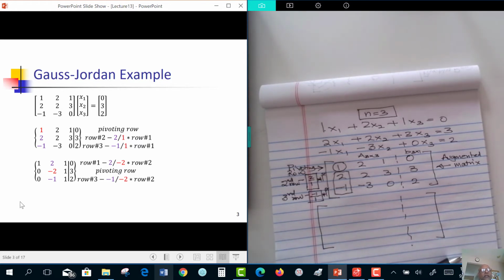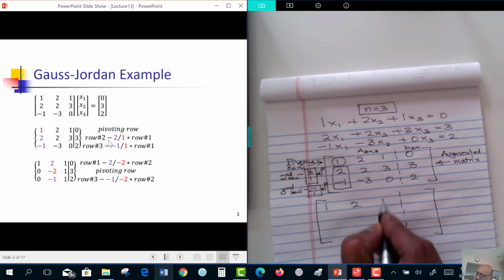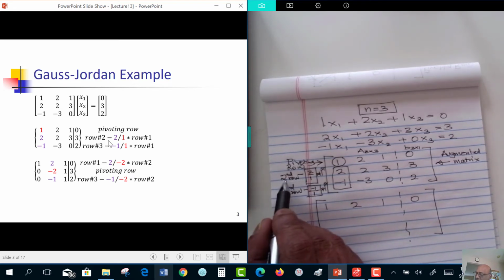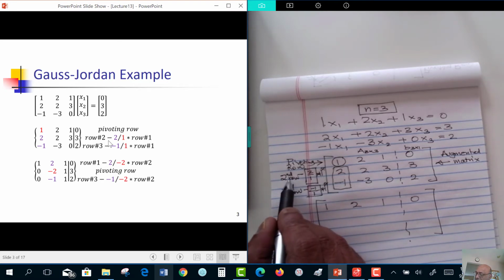So you'll see this written with colorful notation here. Our first row remains unchanged, 1, 2, 1, 0. This says that we are going to subtract 2 times the first row from second row.